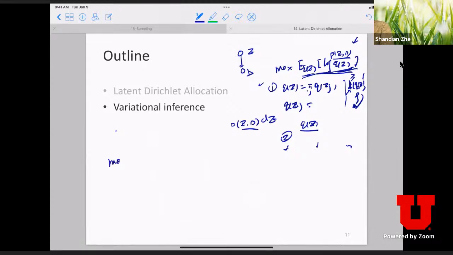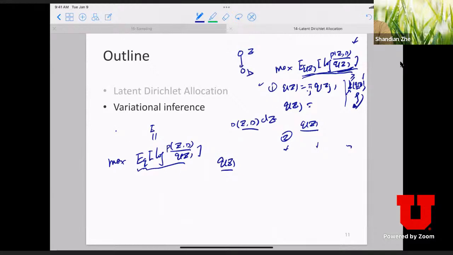So if we take a look at this ELBO again, it is an expectation under the approximate posterior Q, right? We take expectation of this log fraction. So nowadays, people find that this objective function is essentially an expectation under some distribution Q. So if you want to optimize this function, you want to use some gradient.